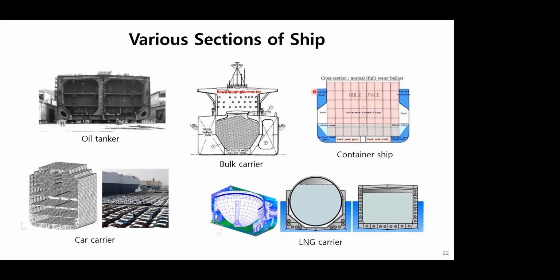So in this area, the thickness of the plate for the small closed section, these blue parts, should be increased enough to maintain the rigidity of the overall section. LNG carrier is similar, having a big opening on the deck.